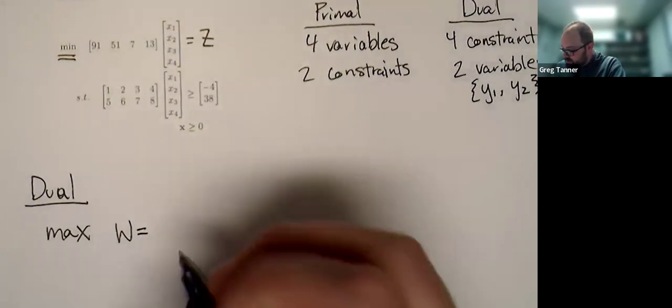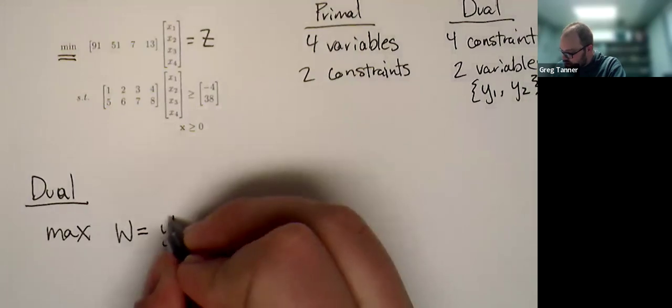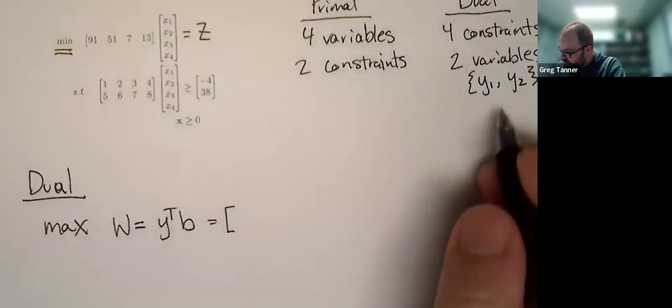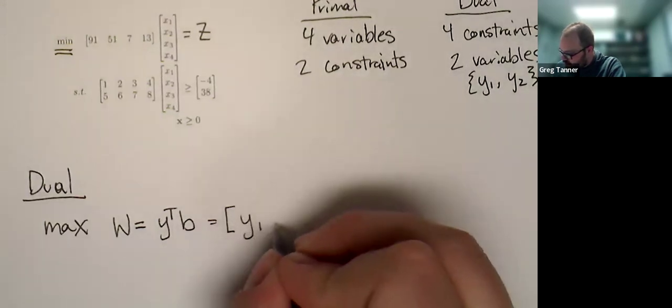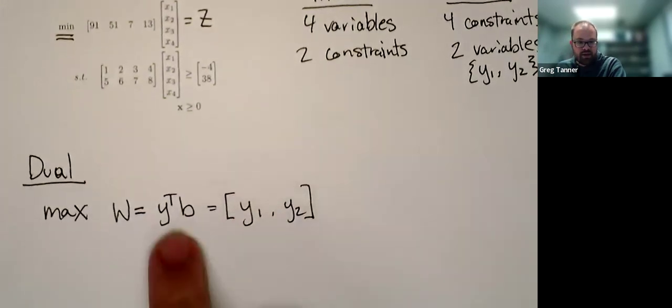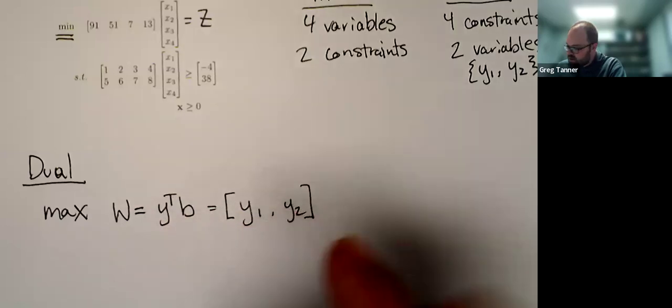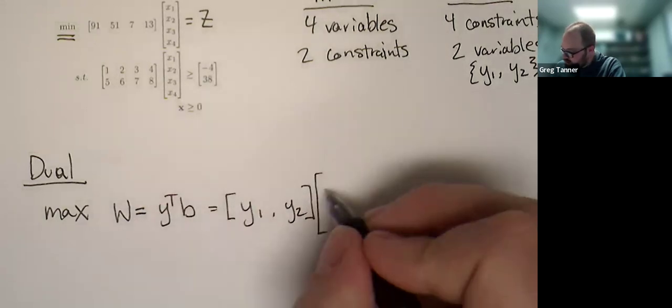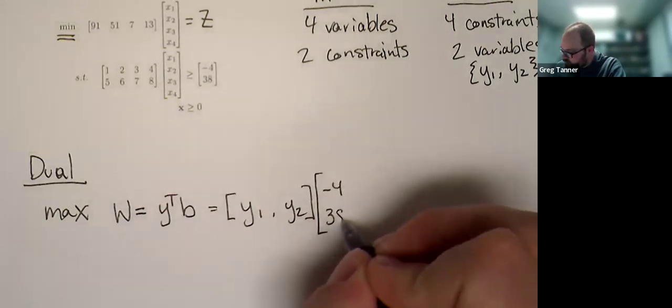And that W is going to be equal to y transpose b. And so that y vector is going to be the vector that comes from y1, y2. Okay, and I use a T for transpose to denote that this is a row vector, and that's going to multiply by what was the original right-hand side of -4, 38.